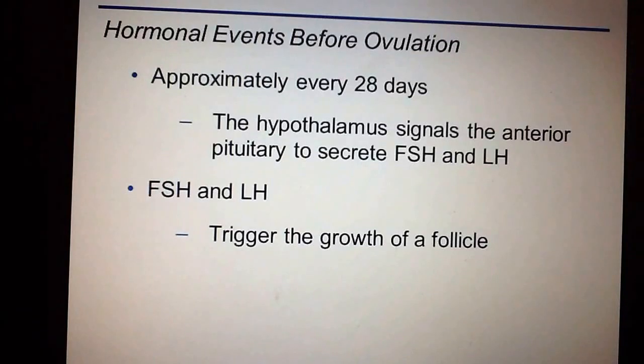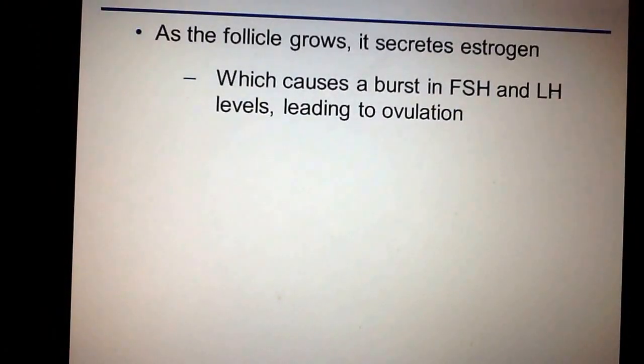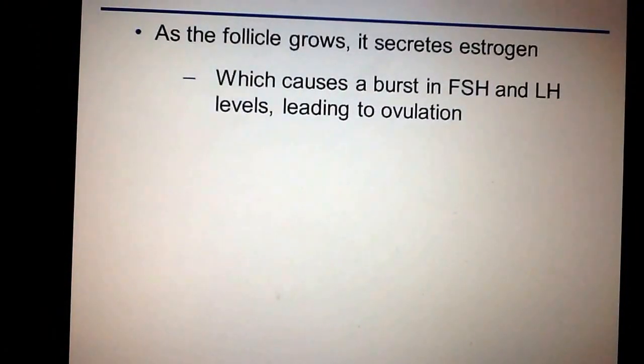So approximately every 28 days, what happens is the hypothalamus in the brain tells the anterior pituitary to release follicle-stimulating hormone and luteinizing hormones. These 2 hormones travel through the circulatory system, and they go into the ovaries of a female. What they do is they trigger the follicle to grow.